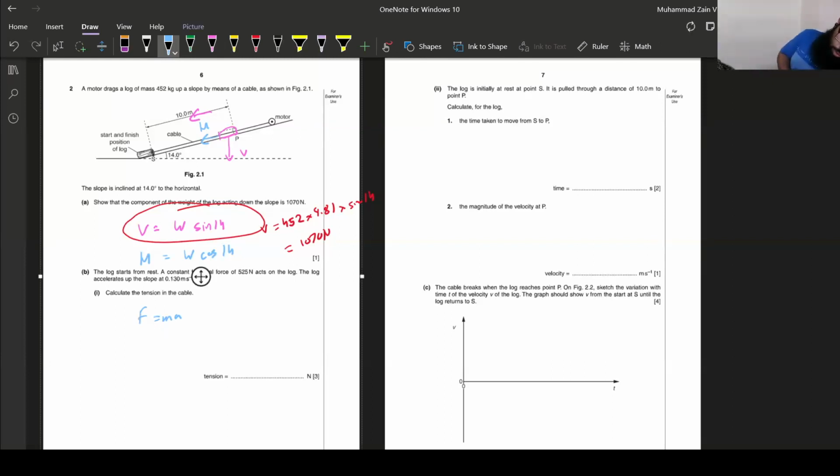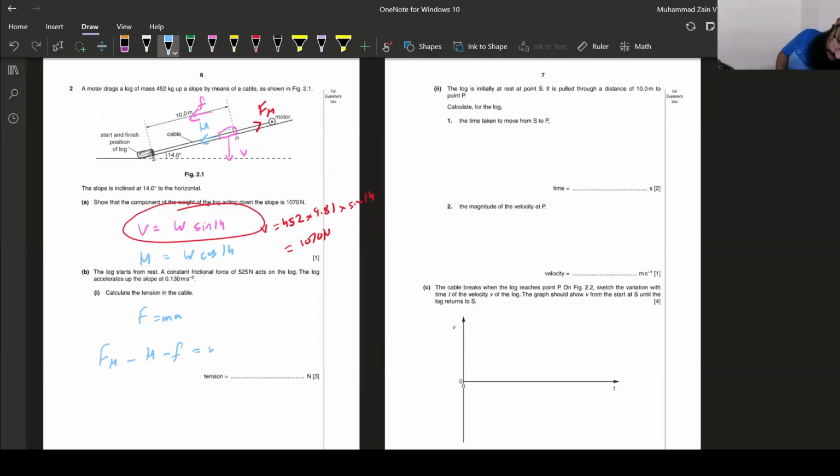So for the resultant force, there are some forces acting. This is frictional F. And then there's a force due to the motor, which is acting upwards, which I could say Fm. Summing all these forces, my resultant force would be Fm minus H minus F equals mass times acceleration.